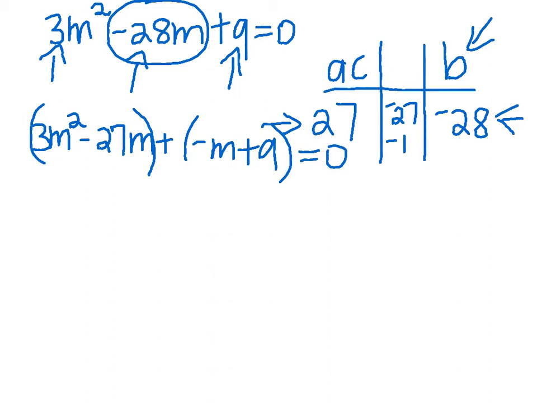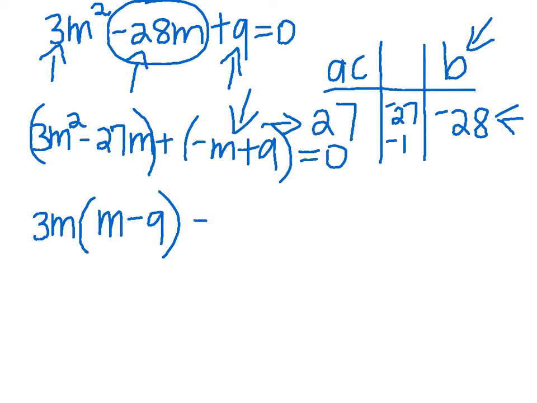Now we're going to factorise each of the brackets. So the first bracket we're going to take out a factor of 3m, and we're going to be left with m take 9. Now the technique here is we want this second bracket to be the same as the first bracket. So in order to do that, I'm going to take out a factor of minus 1. And then it will get the same m take 9.